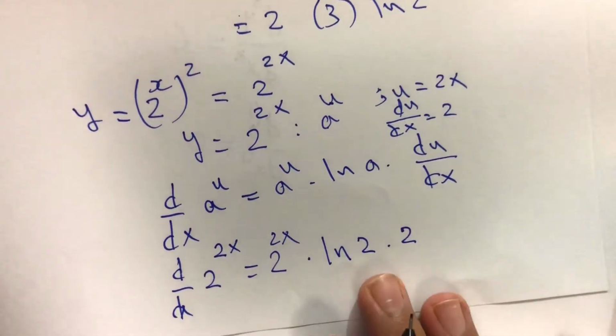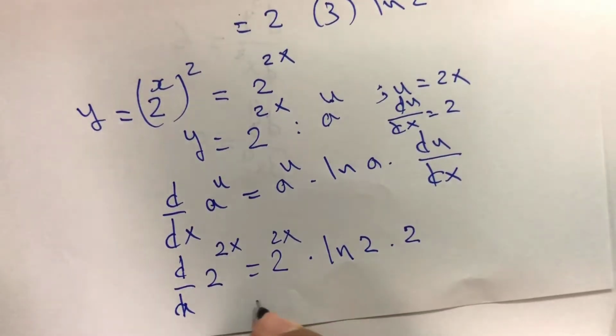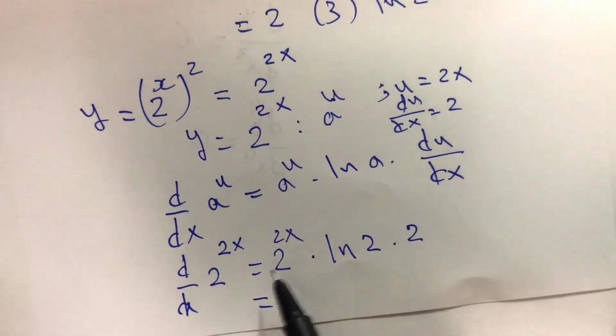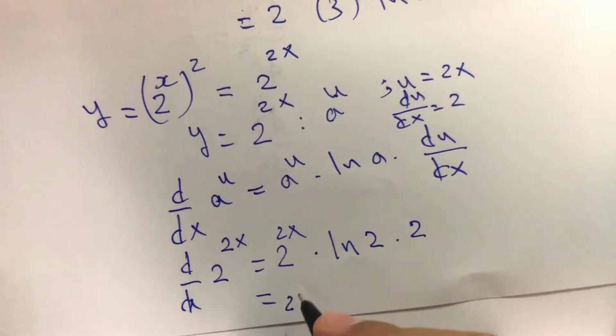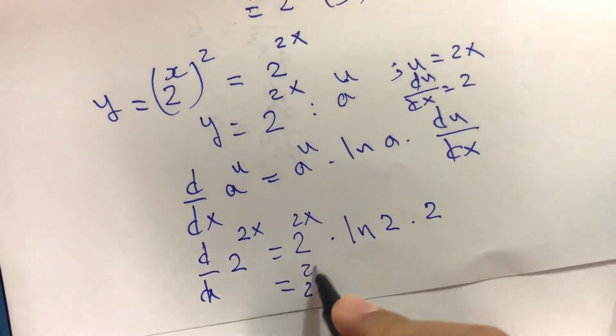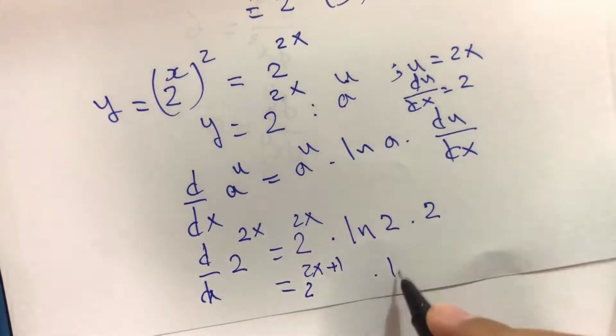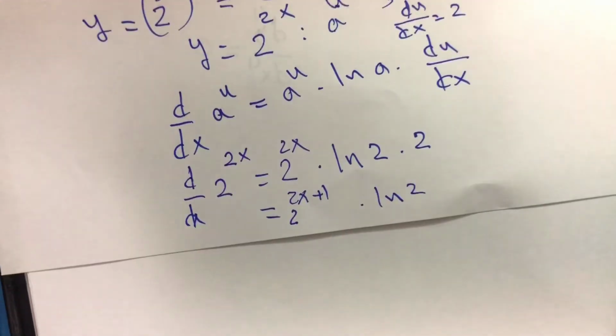Now we can make more simplification. For example, this is 2 and this is 2, so I can write it as 2 to the power 2x plus 1 multiplied by ln 2. So it can be seen that if we apply the rule governing the derivative of a to the power u, we can find the derivative easily.